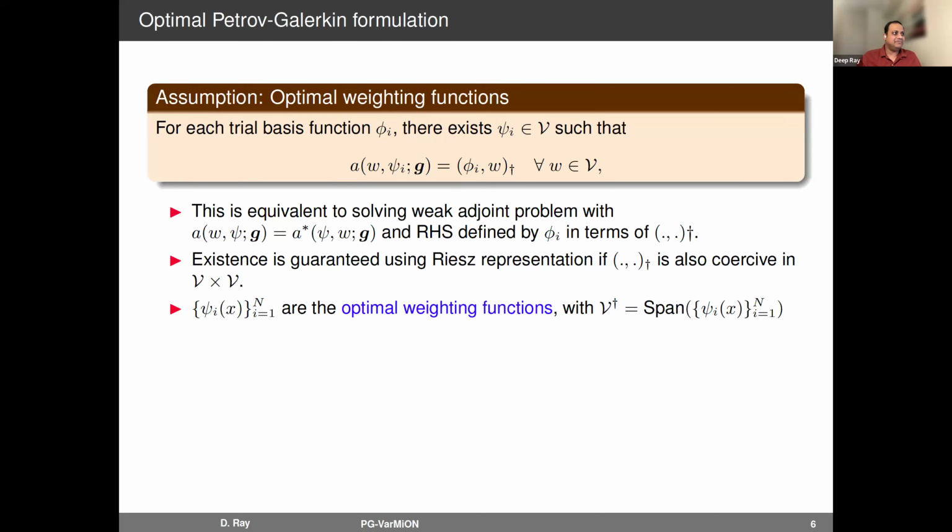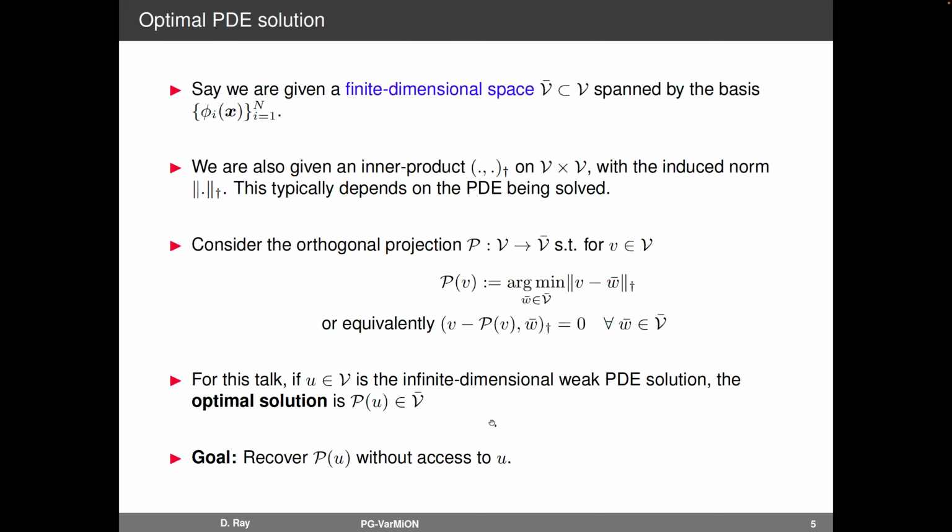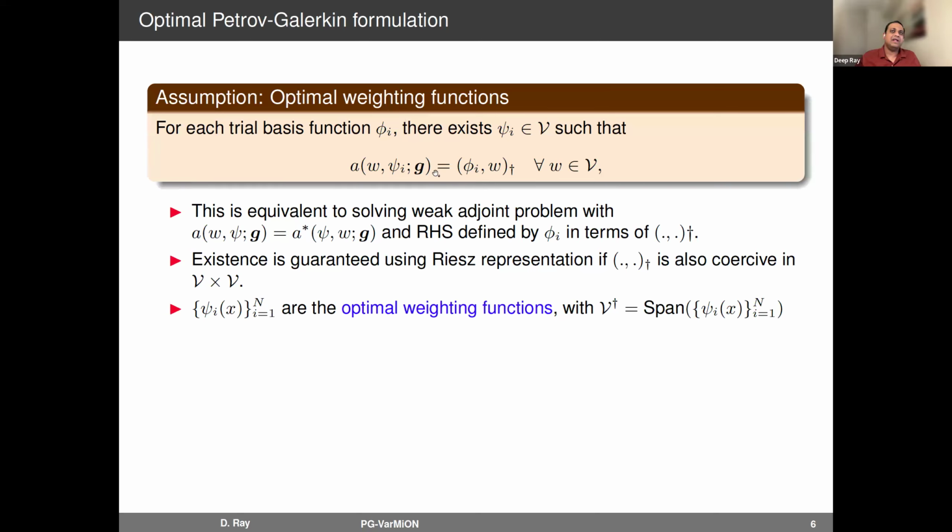If you remember the original weak formulation, we had an F over there. So now to recover these optimal weighting functions, you have to solve another associated variational form where your given trial basis is sitting on the right hand side as a source function.